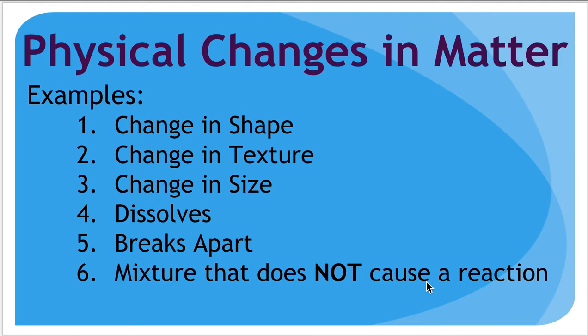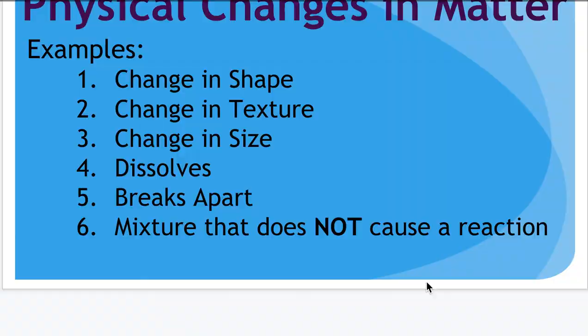So you can have a physical change like a change in shape, texture, or size. Maybe it dissolves or breaks apart in a mixture that doesn't cause a reaction. We're going to talk more about dissolving because you might think, well, if it dissolved, it's definitely changed. We're going to talk about that in a minute.